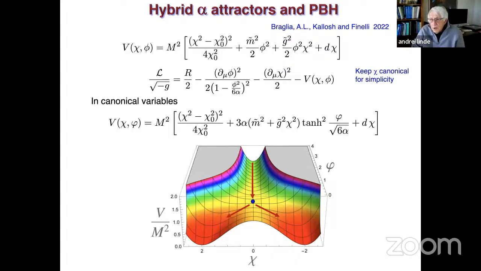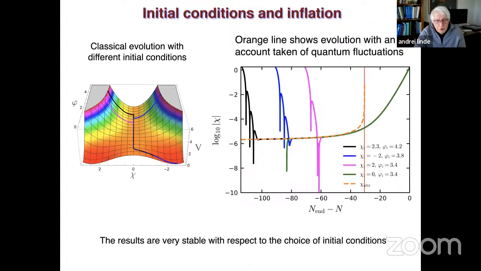So you start inflation with the field chi, and then the field chi falls down to the valley. This is what is shown here. The field chi falls down to the valley, then the field rolls down along the valley, and then everything else starts. So if you want to solve the problem of initial conditions in the same way as chaotic inflation, you just do.